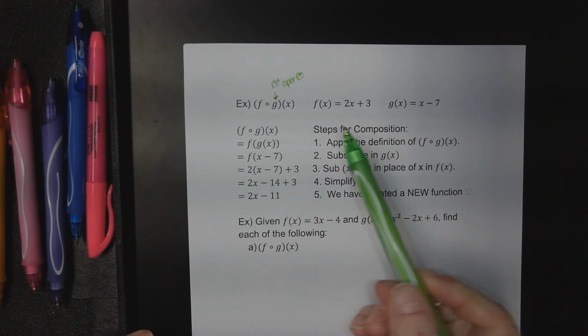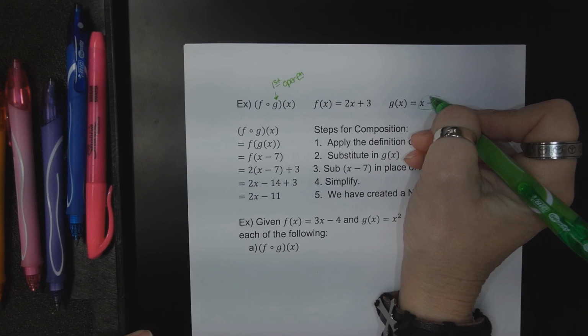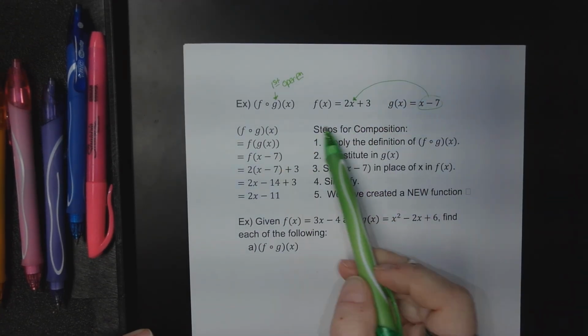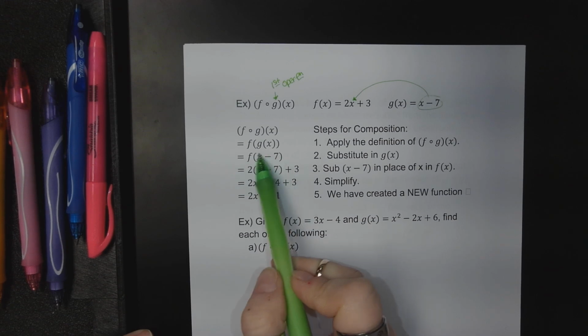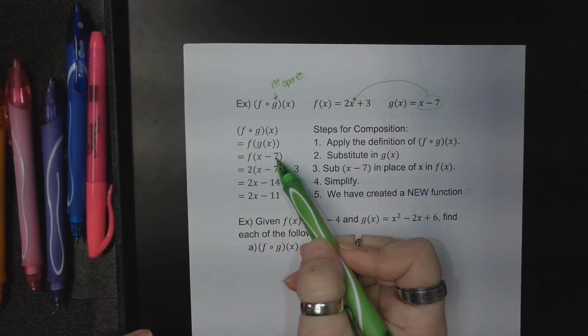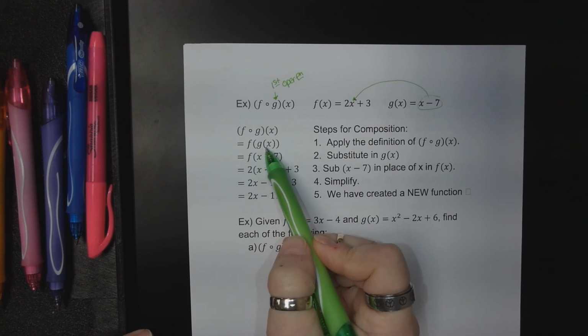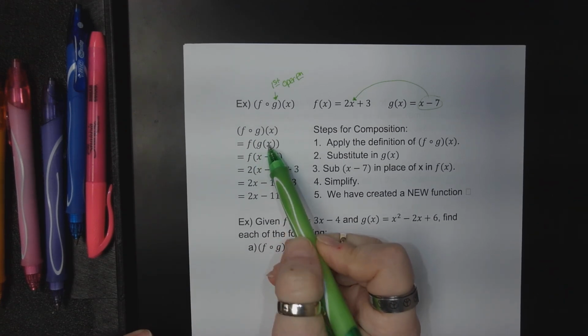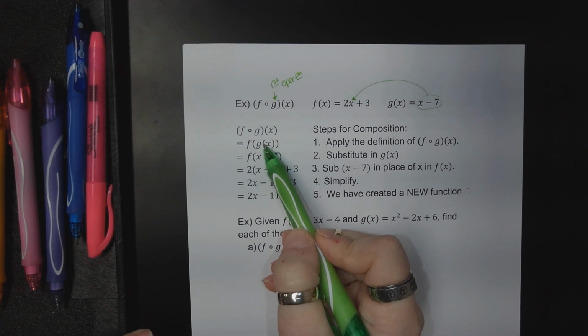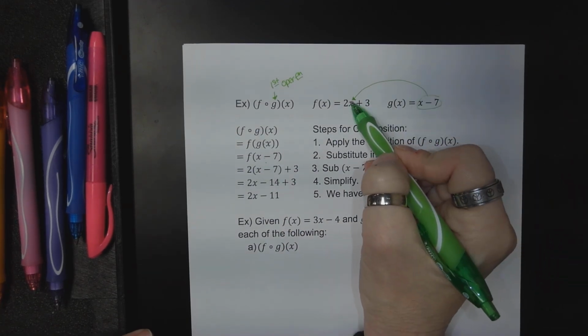Our second step is we take our g of x and plug it in. So we take g of x and put its value in for its name. And after we get the value in for its name, then we plug this in for the x, okay?